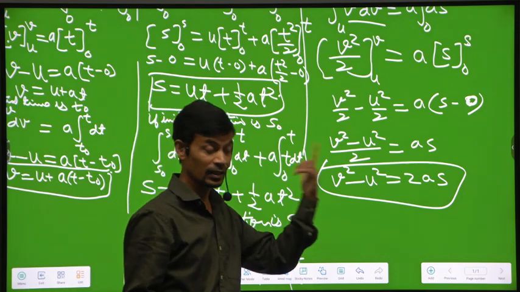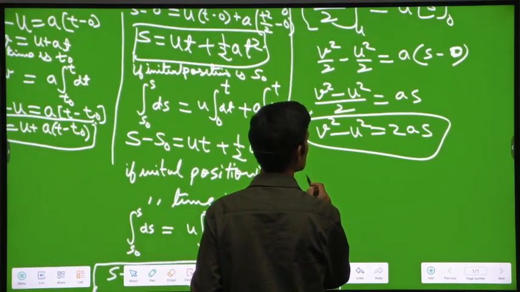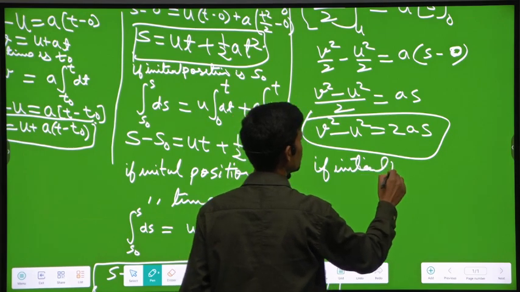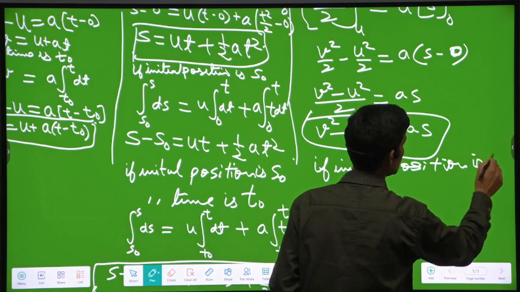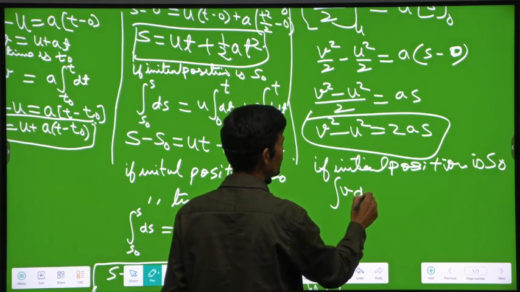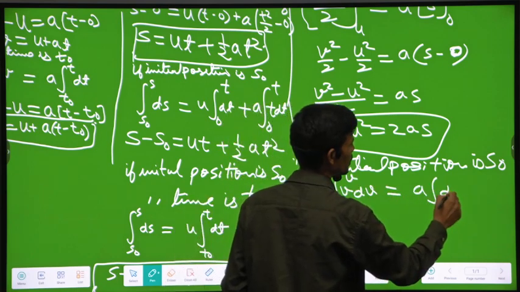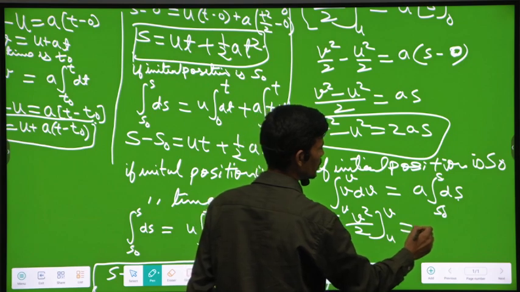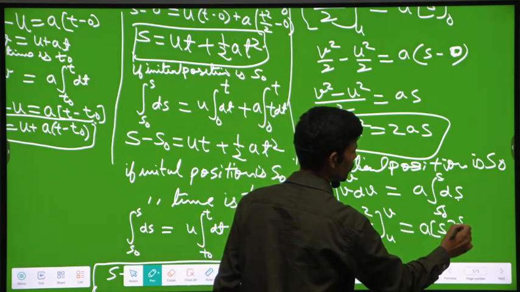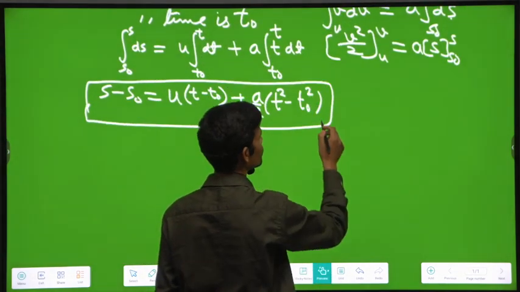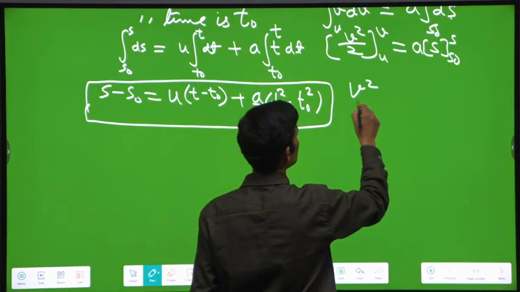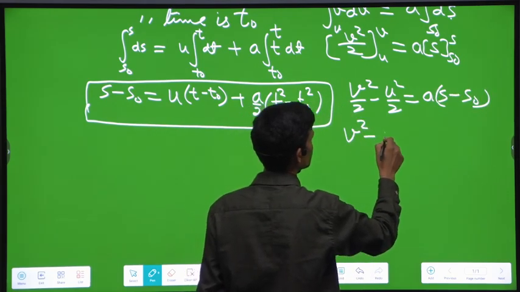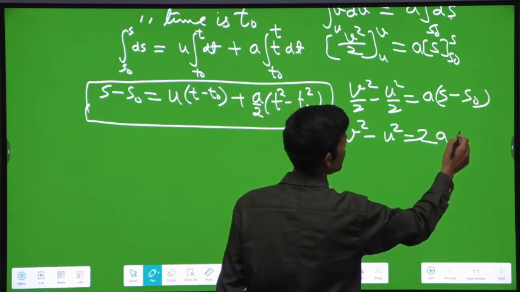Other than that, there is another case in which the initial position is s naught: v dv from u to v equals a ds from s naught to s, giving v square by 2 minus u square by 2 equal to a times s minus s naught.